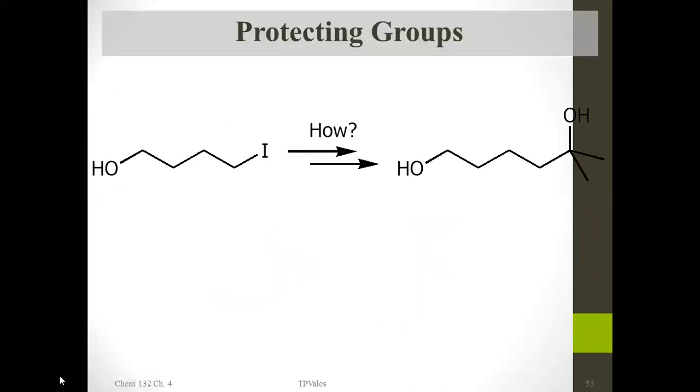Sometimes we will be using protecting groups. So how would the protecting groups be? For example, you have your carbons 1, 2, 3, 4, and you have your OH, and you get your 1, 2, 3, 4. Instead of iodine, you have your OH here. This group will become your protecting group.